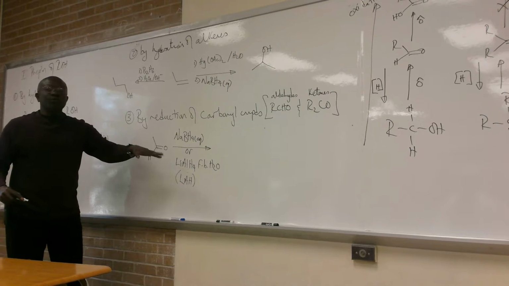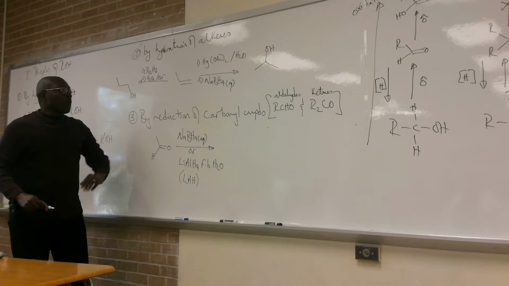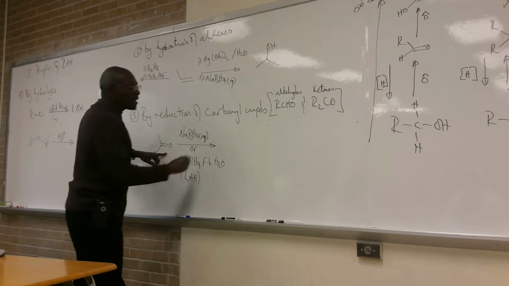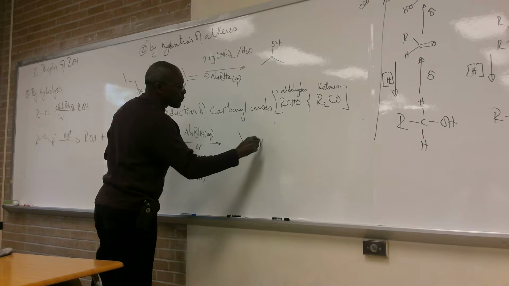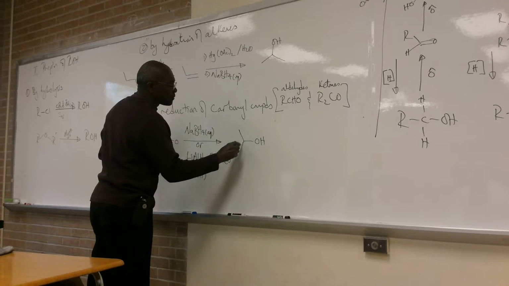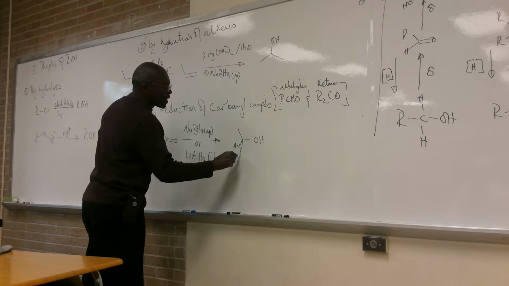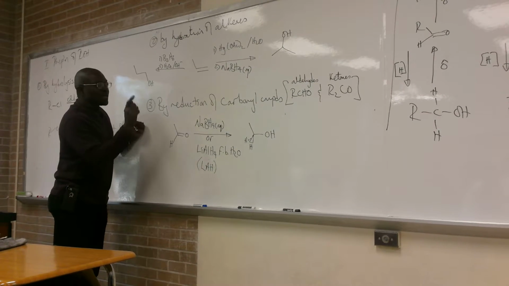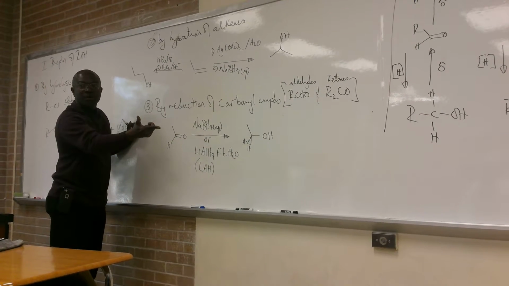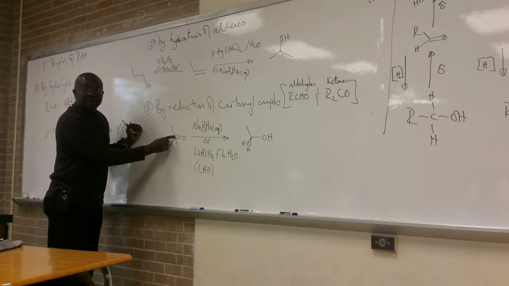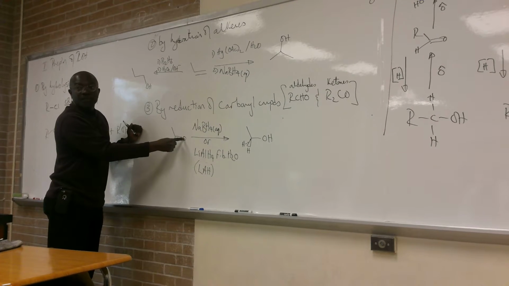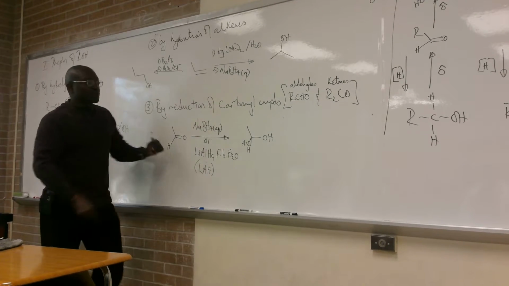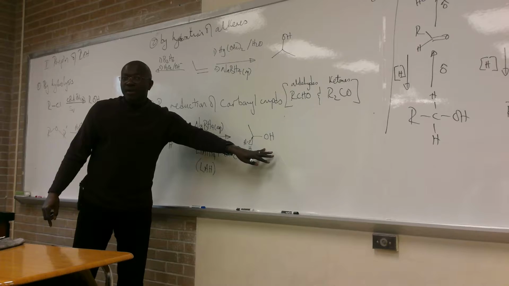So LAH followed by water or aqueous sodium borohydride will reduce aldehydes into the corresponding primary alcohol. And just to make sure we understand what happened, what I've literally done is added H2 across the double bond. I put an H on this carbon and an H on that carbon, an H on this O. So H on the carbon and an H on the O. And that gives rise to the alcohol. Agreed?